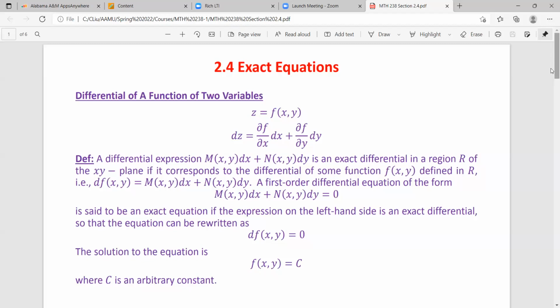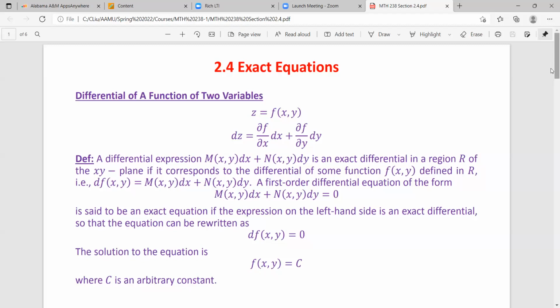Okay. But the question is, we don't know whether M dx plus N dy, the expression itself, is an exact differential or not. Whether we can find such f so that df equals M dx plus N dy. We don't know that. Okay. So the goal is to try to rewrite the differential equation with an exact differential on the left-hand side.